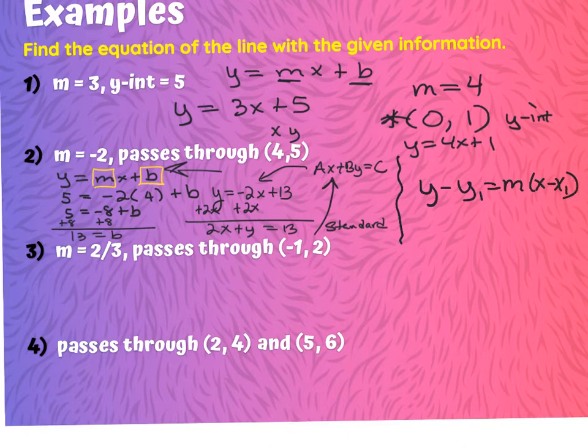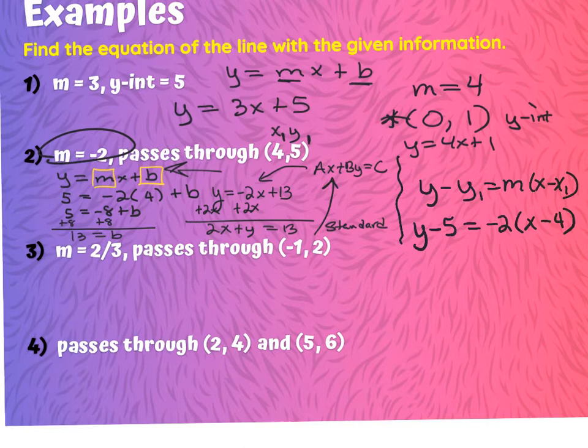Now, the ordered pair that was given to me isn't x and y when I use this formula. This (4, 5) is now (x1, y1). But the m is still an m. So I'm going to plug in y minus 5 equals negative 2 times (x minus 4).